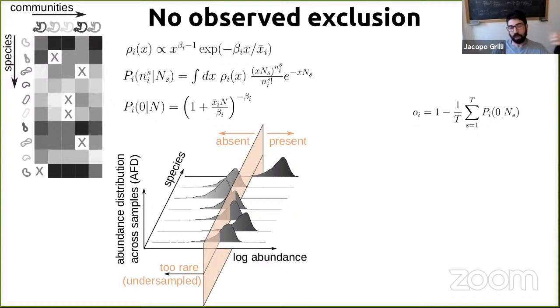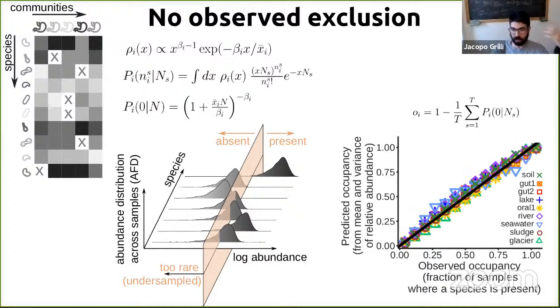Right? So if you know the parameters of the gamma distribution, you can estimate from the abundance of the species how many times you expect a given species to be absent, or actually how many times you can expect a given species to be present. And so you can test this with the data, and it works well.